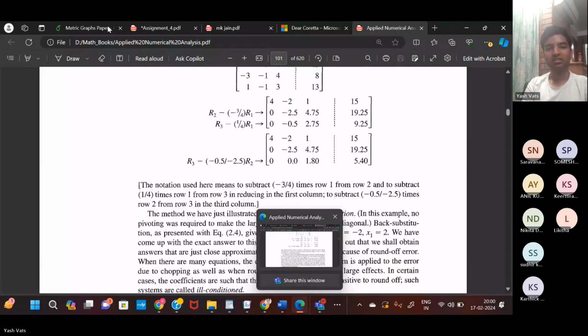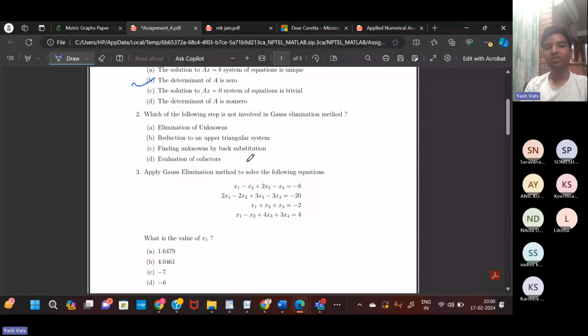What should be the answer to this question? Finding unknowns by back substitution, elimination of unknowns. Do we do that in this? The first one is right, we do elimination of unknowns in Gauss elimination.